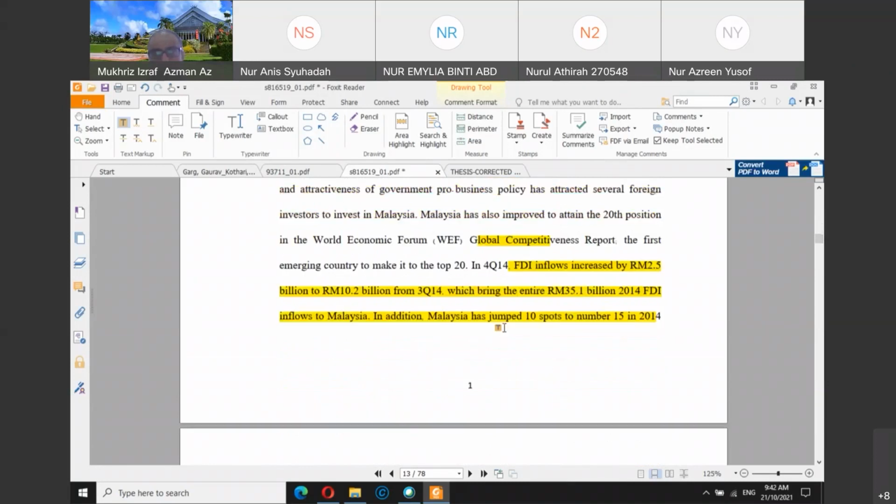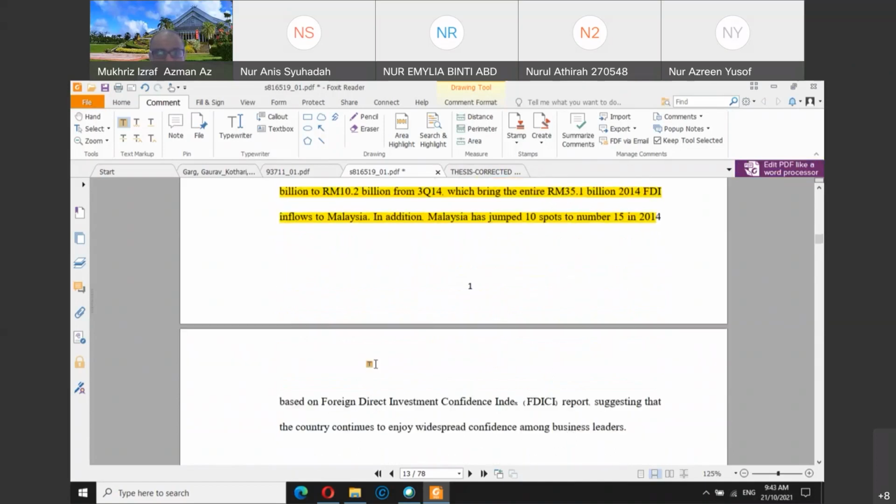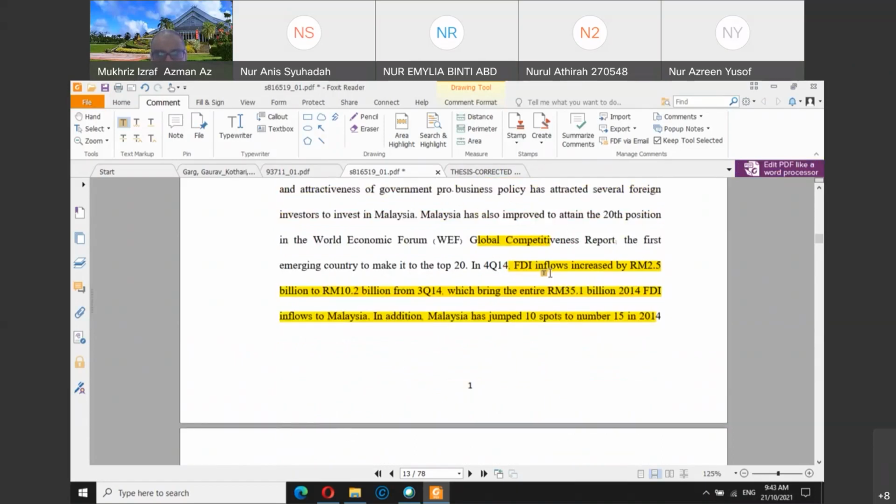This is where the data comes from. The student mentioned FDI increased, jumping by 10 spots, based on the FDI confidence index. So this data set is sourced from this report.